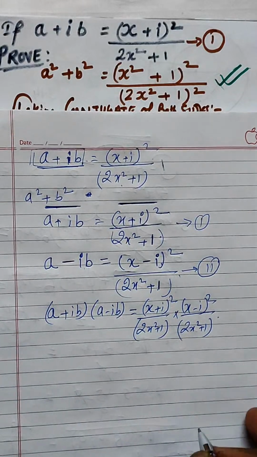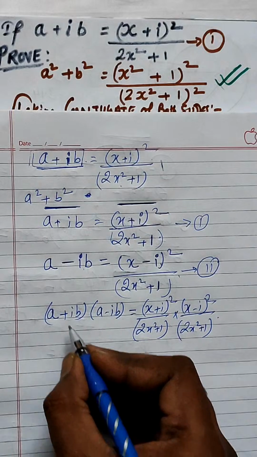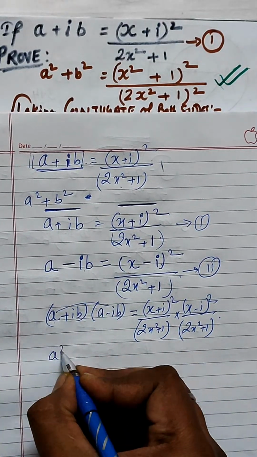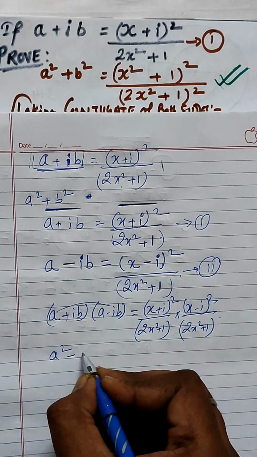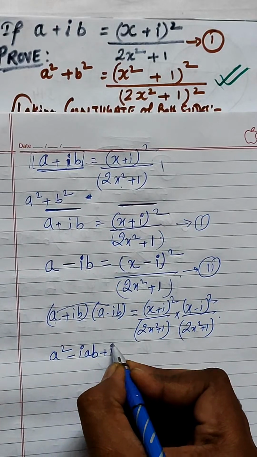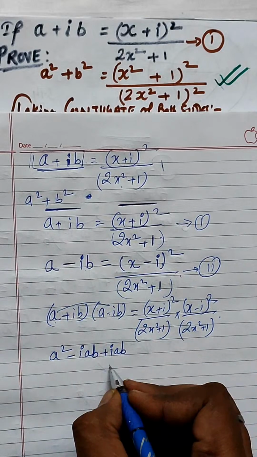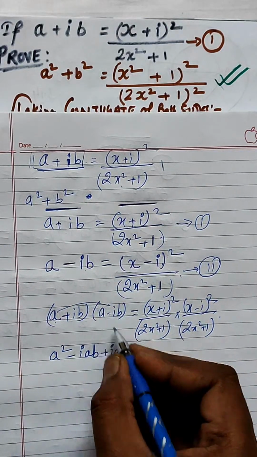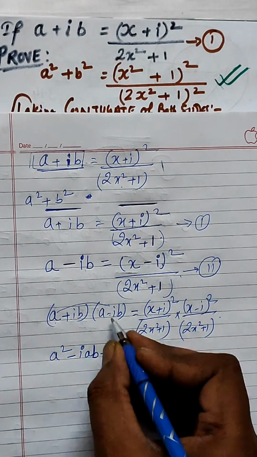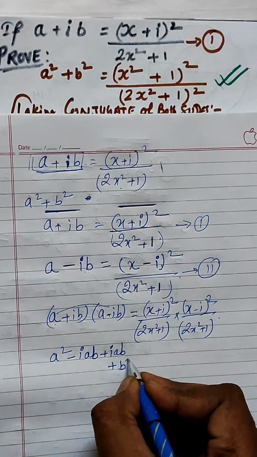Now a plus ib into a minus ib: it comes as a square minus i ab plus i ab. i into i is i square, and the value of i square is minus 1, so minus times minus gives plus b square.